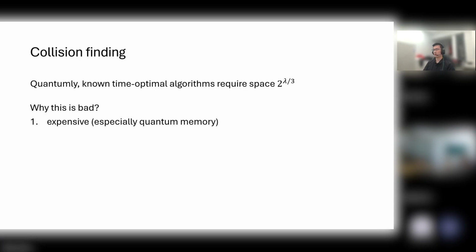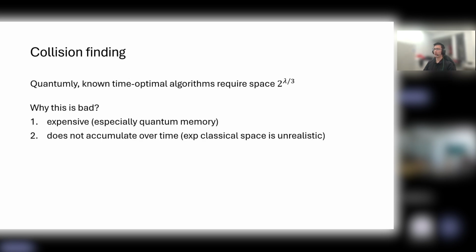Especially for quantum memory, importantly, if you want to run this on a real quantum computer, each logical qubit is thousands or hundreds of physical qubits. So it's very expensive to use quantum memory. And this is not realistic because it's an exponential amount of space. It's not like time, because for time you can run it for long enough.